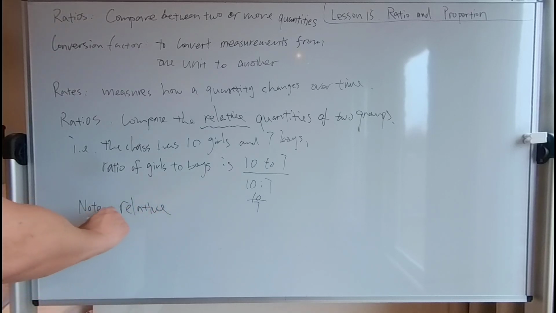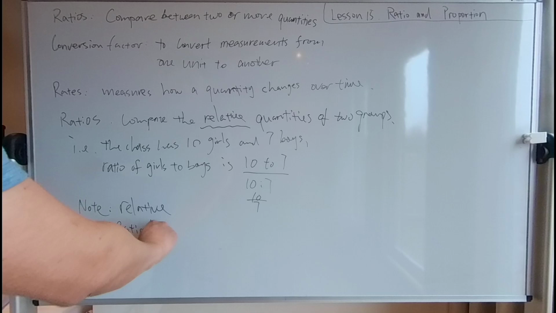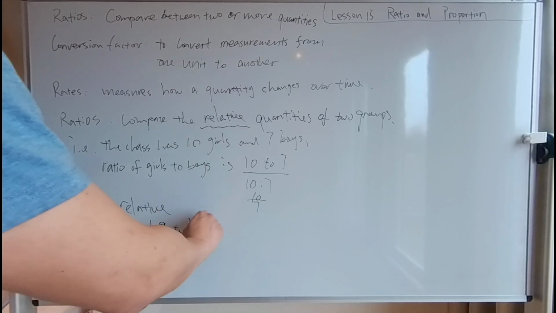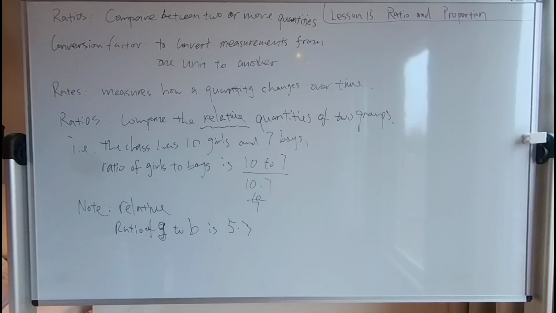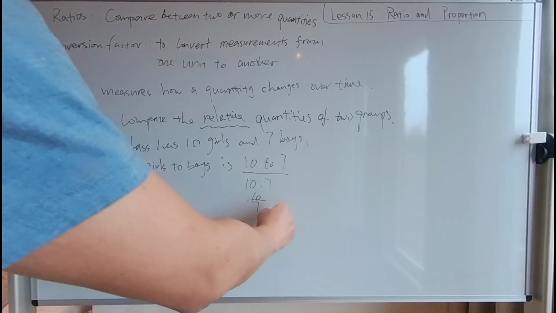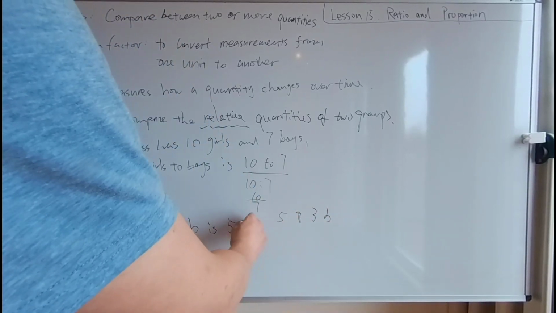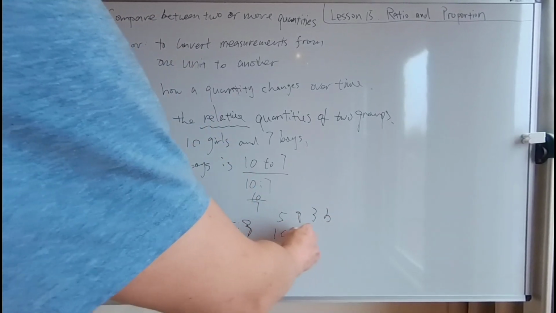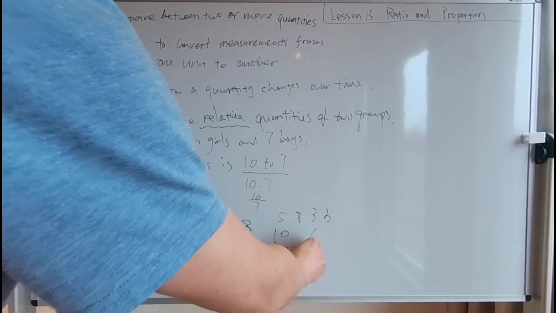For example, if the ratio of girls to boys is 5 to 3, I don't know if there are 5 girls and 3 boys. It could be 5 girls and 3 boys. It also could be 10 versus 6. It also could be 50 versus 30.